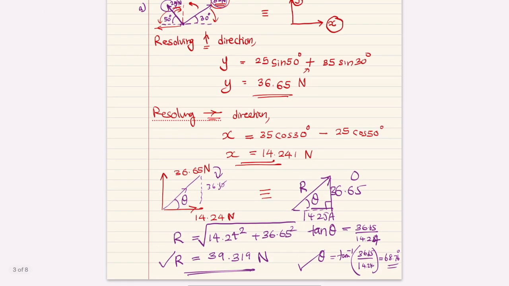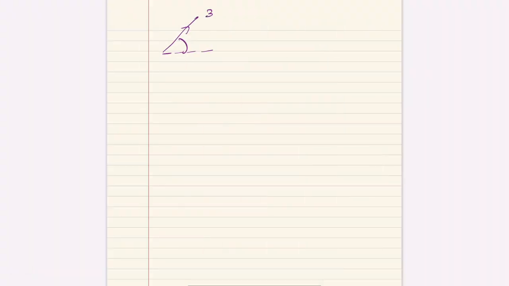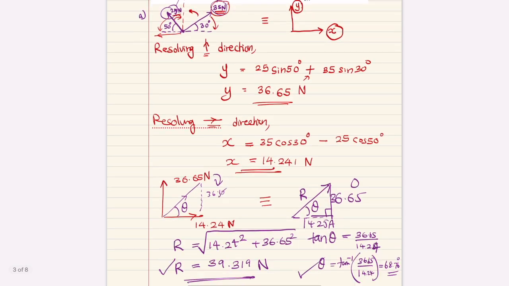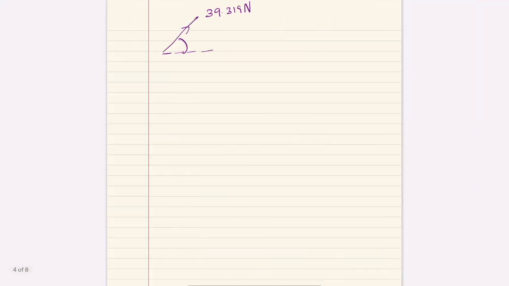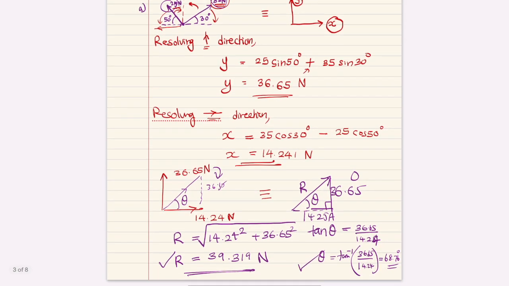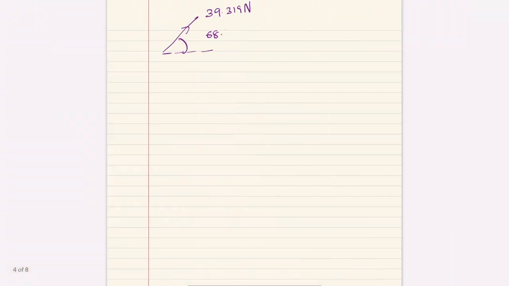Your resultant force is going to be 39.319 newtons acting 68.76 degrees to the horizontal. That's your resultant force.